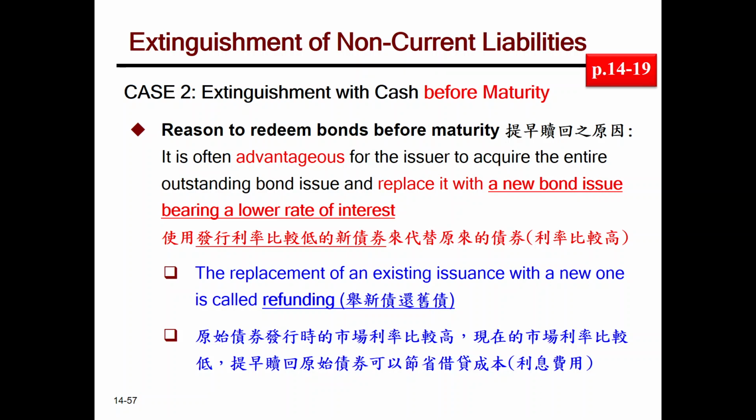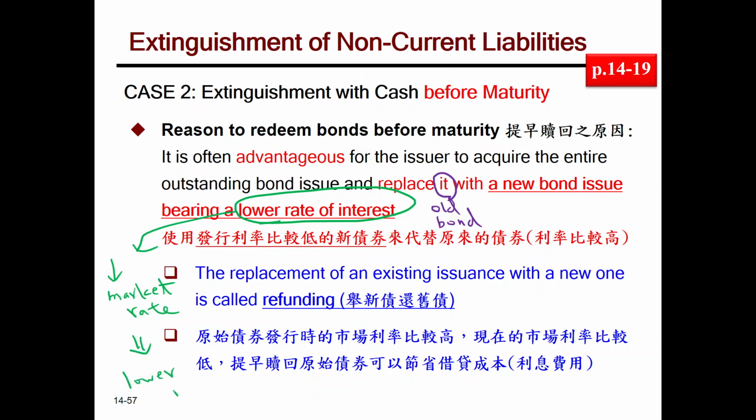Because the new one has a lower market interest rate, so you could pay lower interest expense. So that's refunding.